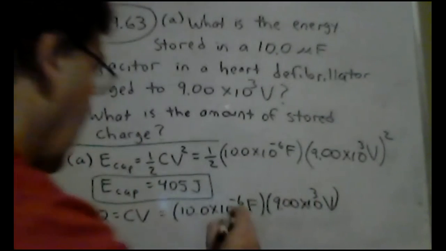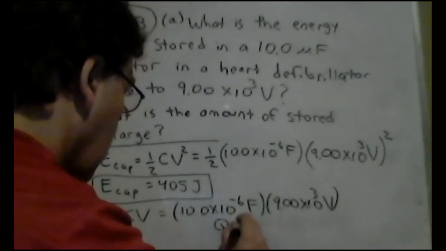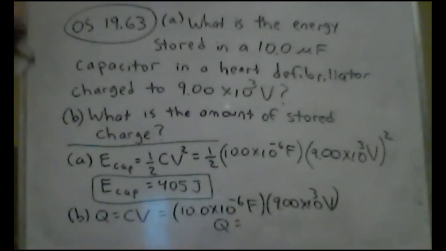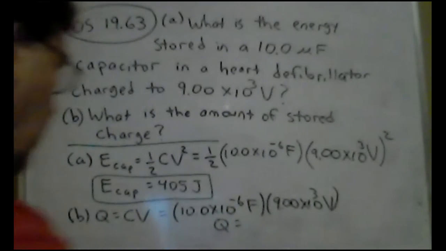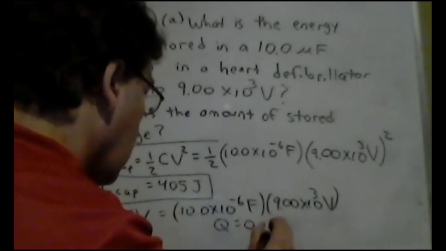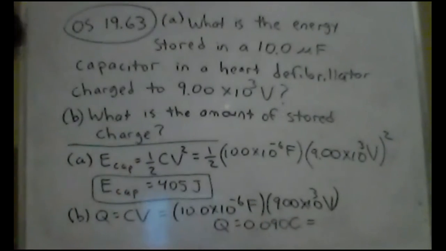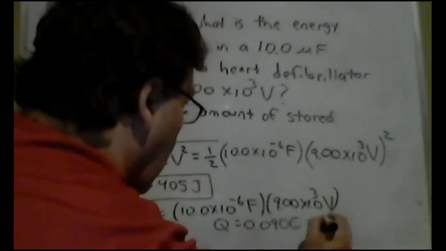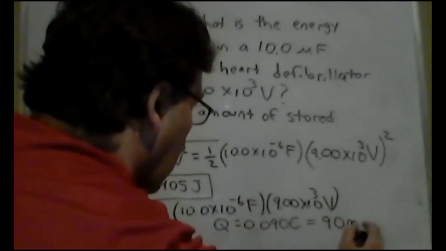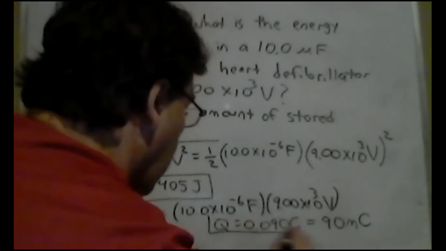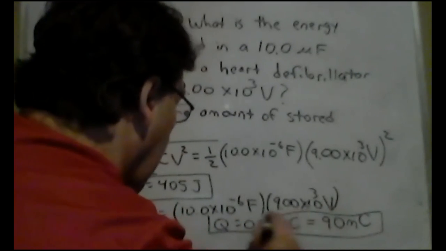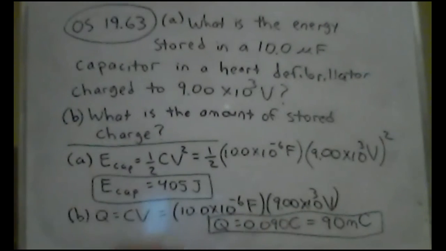And I get that Q, the stored charge, is going to be 0.090 coulombs, or otherwise 90 millicoulombs. All right, that is the answer. So again, energy stored in the capacitor and the amount of charge stored on the capacitor plates. And that is all I have for this lecture.